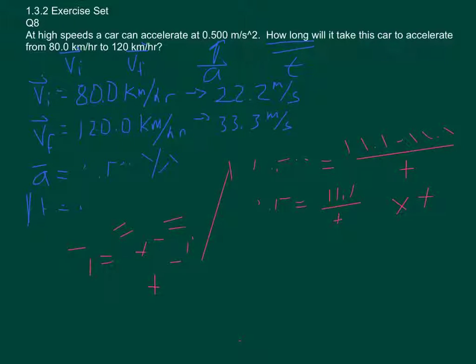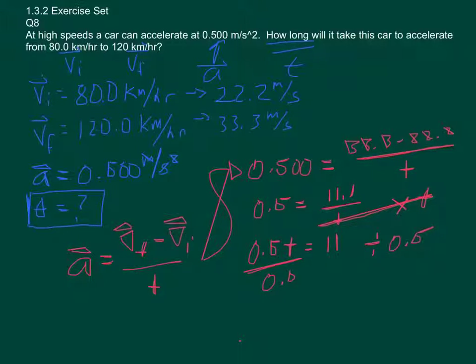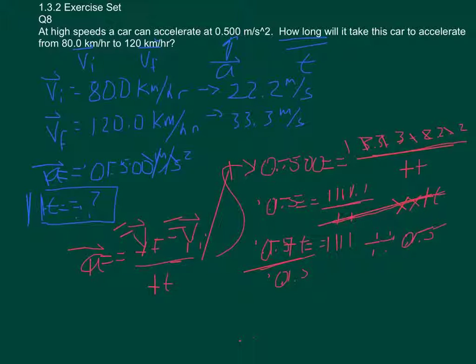What I'll get on the left is 0.5 times t is equal to 11.1, because these t's cancel on this side. Now I need to divide both sides by 0.5 to get t all by itself. 11.1 divided by 0.5.